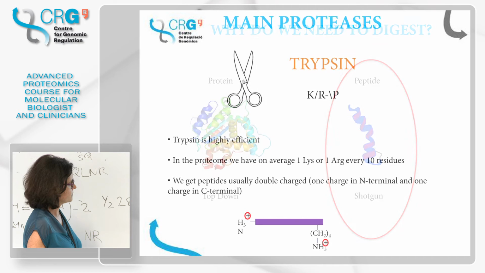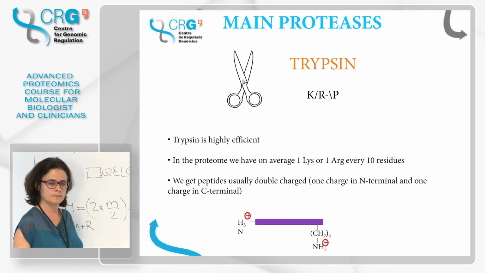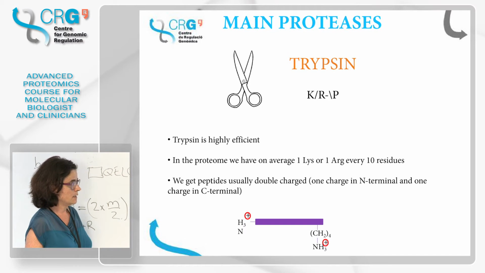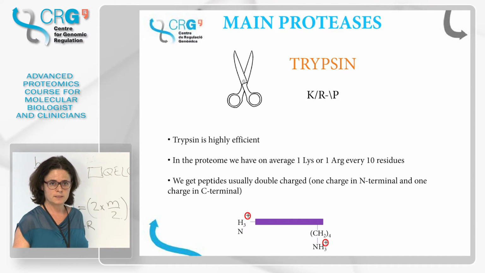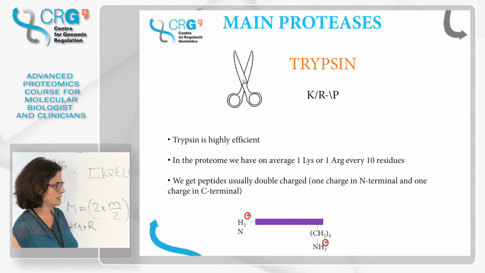Okay? And one of the main proteases is trypsin. As we have seen in the previous class, trypsin is very convenient because it generates peptides that are mostly doubly charged, with one charge at each end of the peptide. Also, another good point of trypsin is that we have, on average, one lysine or one arginine every 10 residues.